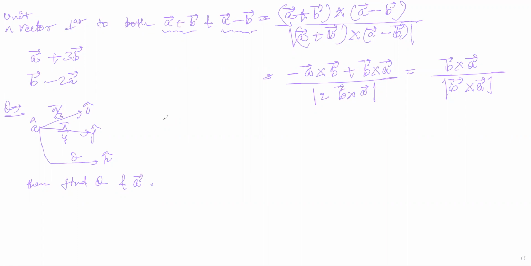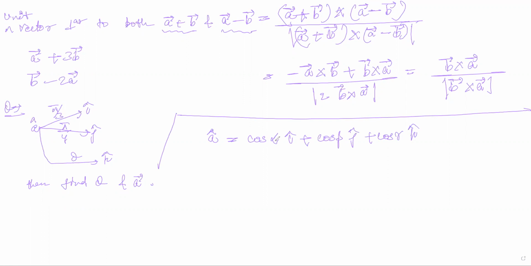Okay, we have solved this example, I guess. In the starting of direction cosines, we have studied about this. So any unit vector can be written as cos alpha i cap plus cos beta j cap plus cos gamma k cap, because cos square alpha plus cos square beta plus cos square gamma would be 1.